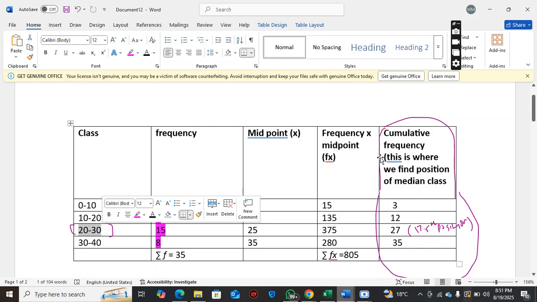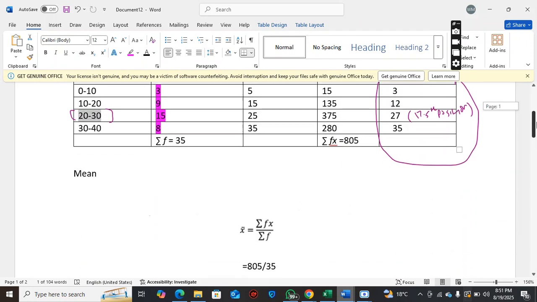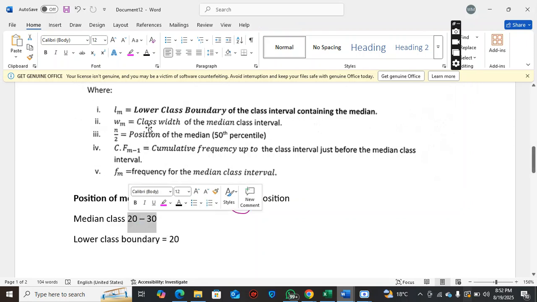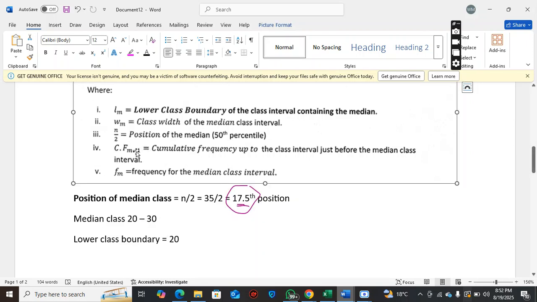Once you have found your median class, the next thing is, first, you get the lower limit, which is this 20 here. You get the class width, 30 minus 20, 10. You get the cumulative frequency before the median class.